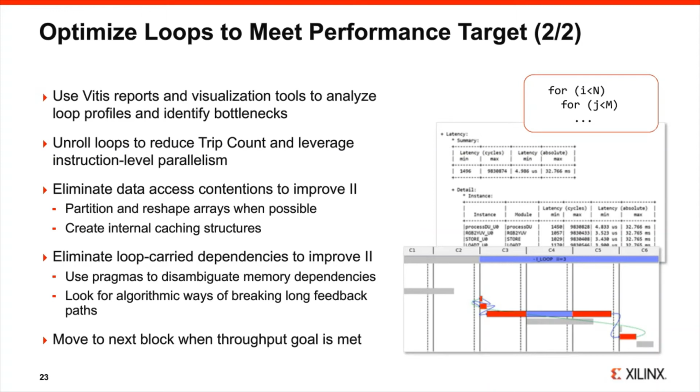Array partitioning or local buffering will benefit II as it eliminates data access contention. Loop carry dependency is a common factor causing suboptimal II results. Eliminating the dependency will help to get a better II value. So use the reports and the information given by the tools, compare with your expectations, and make decisions towards your goals.